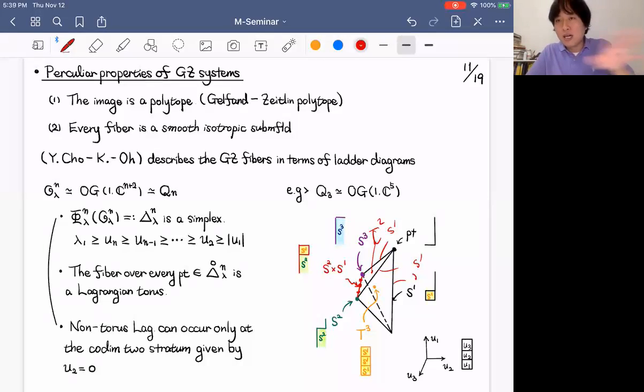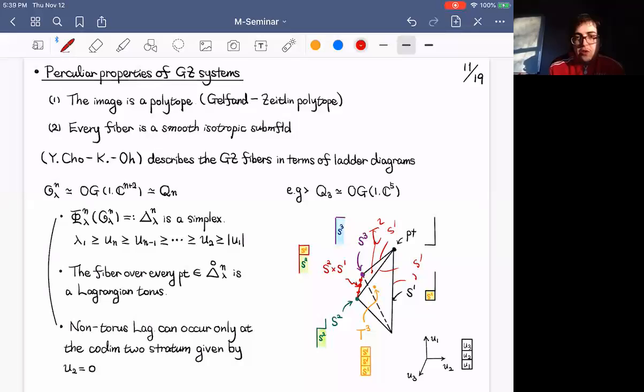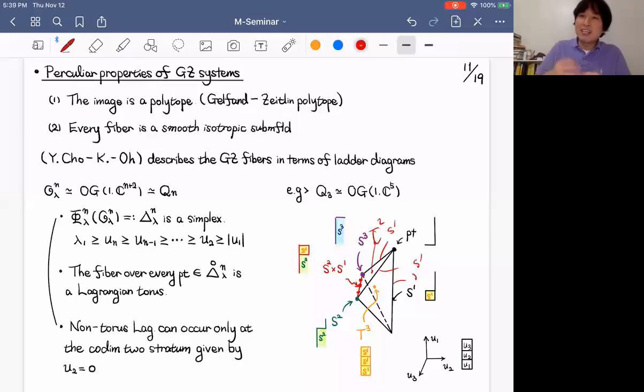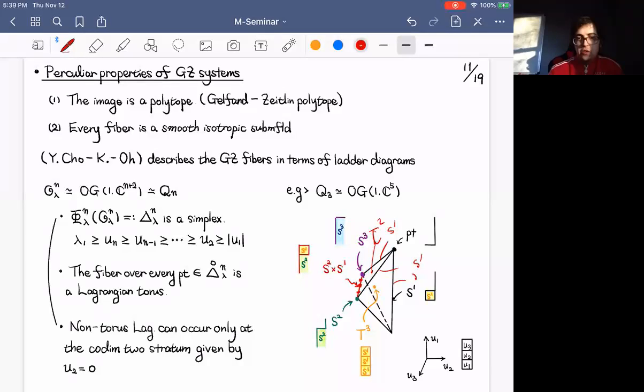That's how the argument goes. Okay, thank you. Any other questions? We didn't actually analyze the closed-open map directly. We just used matching of the nodes.